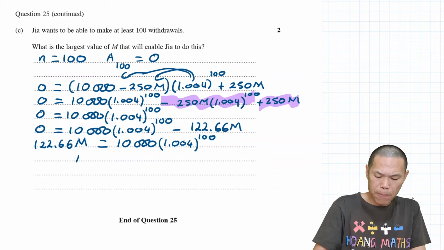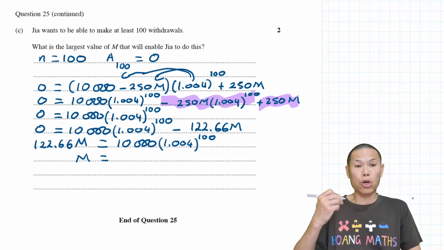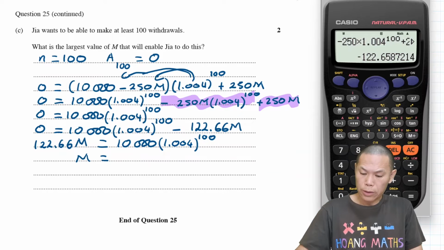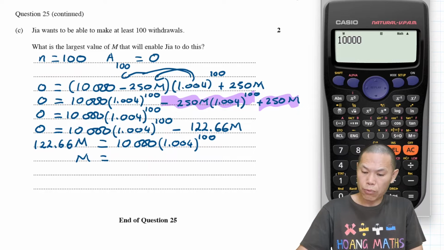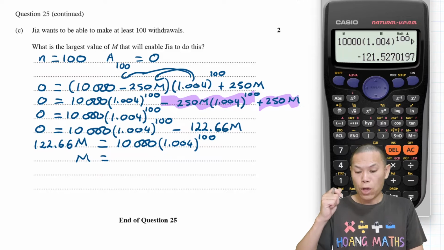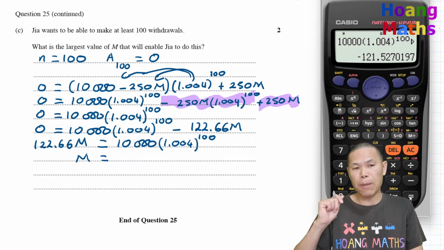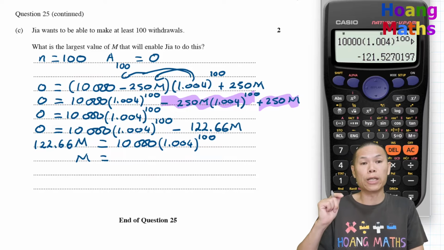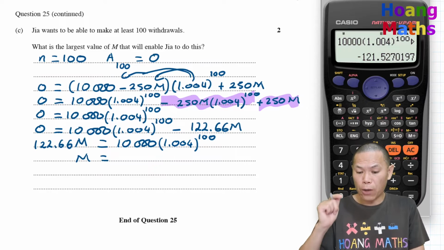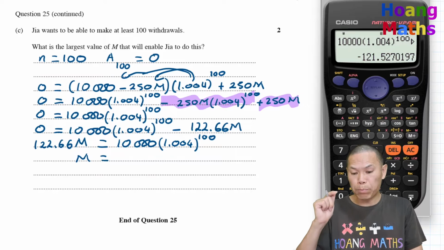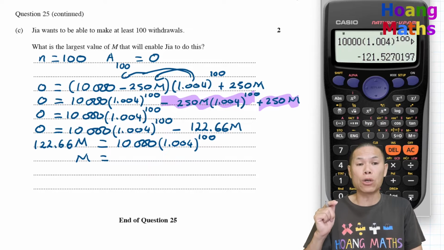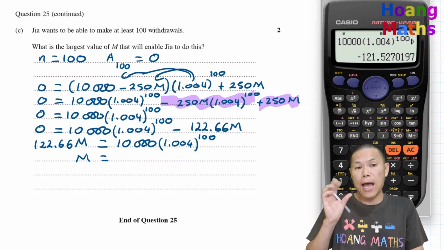So now m equals, I just put it on the calculator. I go 10,000, brackets, 1.004 to the power of 100, and then we divide by the answer. We should ignore the negative, because the answer was a negative number. Keep that in mind. So I just ignore the negative. 121.527 and so on.